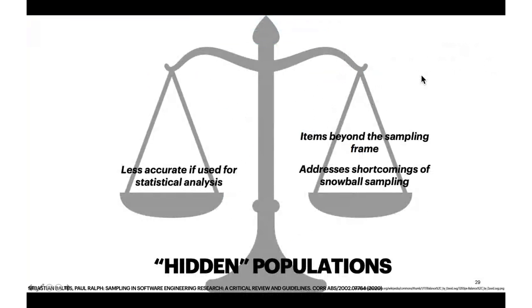Similarly to snowball sampling, respondent-driven sampling allows us to reach out to hidden populations. It has the advantage of not being limited to the sampling frame, and it has also been designed to address the shortcomings of snowball sampling we have been talking about.